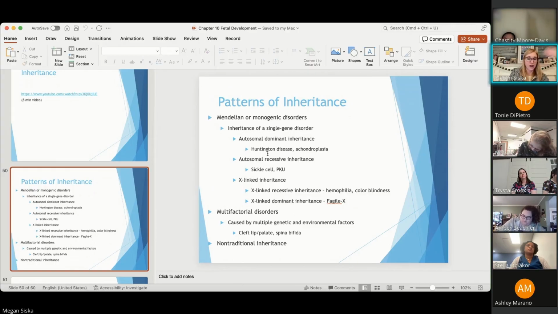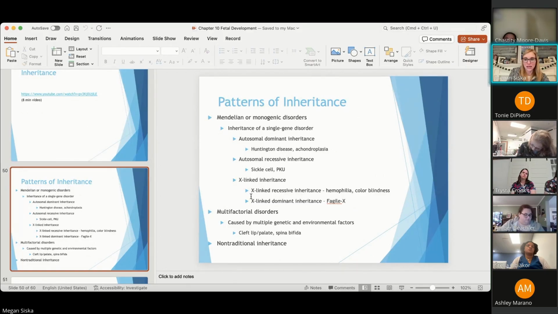But things like Huntington's disease, that's considered an autosomal dominant Mendelian disorder. Once again, you do not have to memorize this, but a type of dwarfism called achondroplasia is also considered that same type of inherited disorder. Something like sickle cell is an autosomal recessive disorder, or PKU, which we'll talk about when we get to our newborn chapters.